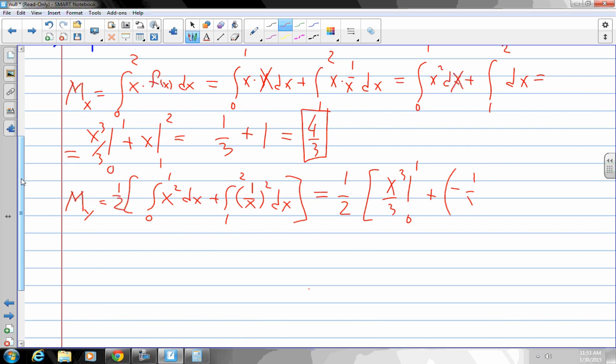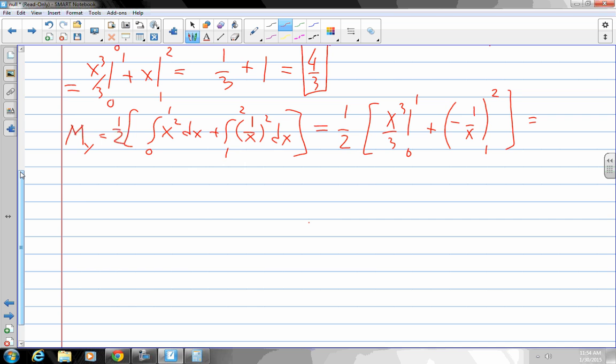Negative 1 over x, evaluated from 1 to 2. So it's a 1/3 minus, you plug in 2, you get 1/2, you plug in 1, you get plus 1.